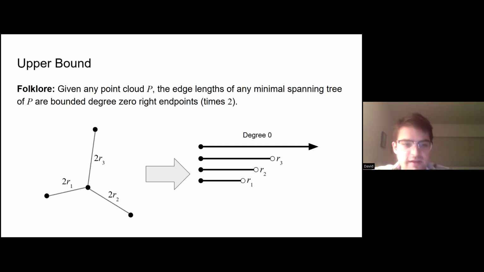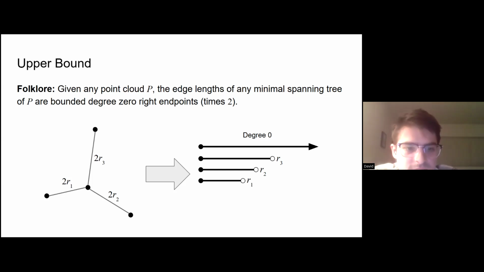That means I can find a minimal spanning tree of my point cloud with edge lengths 2R1, 2R2, and 2R3. This is true for both Čech and Vietoris-Rips constructions. We wrote a proof, although we're sure it may have existed somewhere. It amounts to Kruskal's algorithm, so it's not a particularly deep folklore fact.